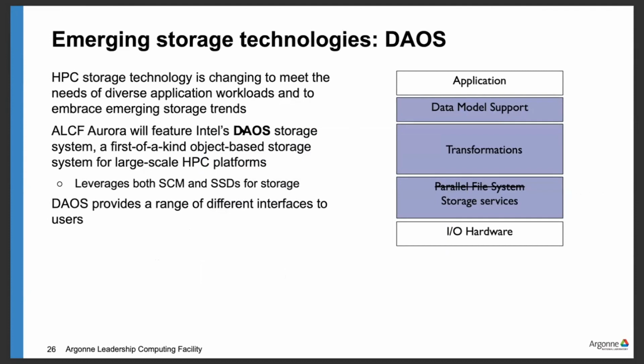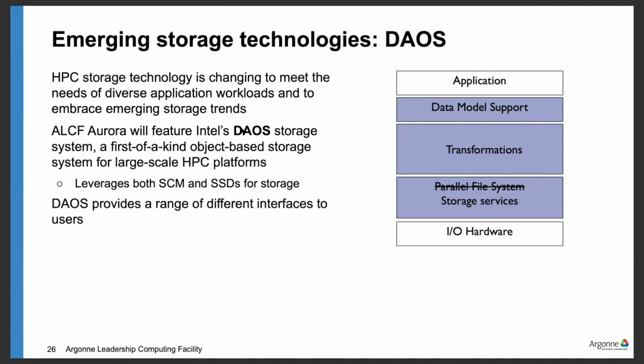I'll talk briefly about emerging storage technologies, specifically things like DAOS. I know that Kevin covered a little bit of this earlier, so I won't spend a lot of time on it. But again, HPC storage technology has been changing a lot to meet application I/O needs and to embrace emerging storage trends.